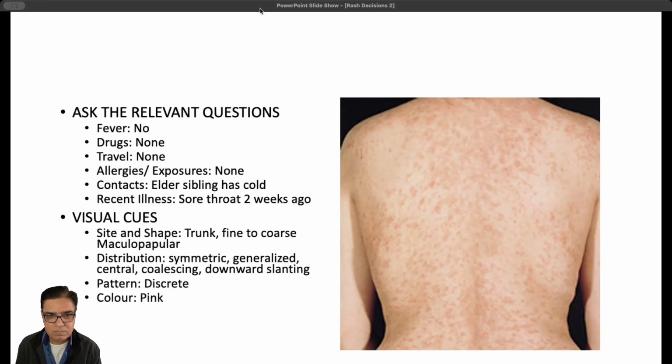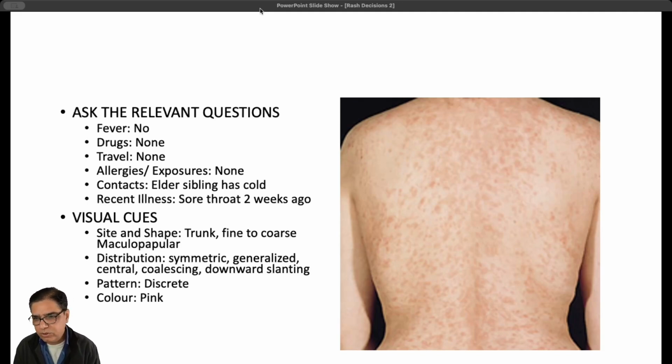Nothing significant. Visual clues. If you look and describe this rash, as I told you, there are macules and there are papules. So it's a maculopapular rash. Predominantly, you could see it on the trunk, on the back, upper back and lower back. If you describe it, some of it is fine, some of it is coarse as well. So it's a mix of fine to coarse rash.